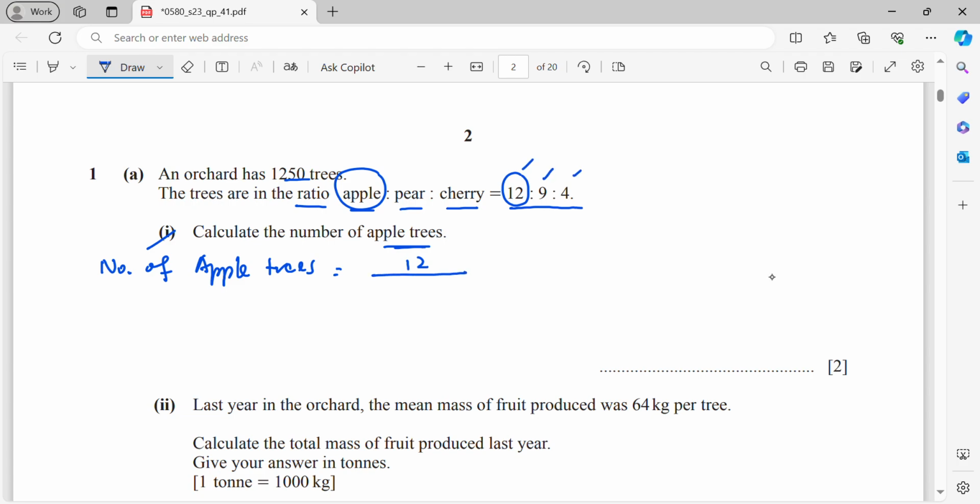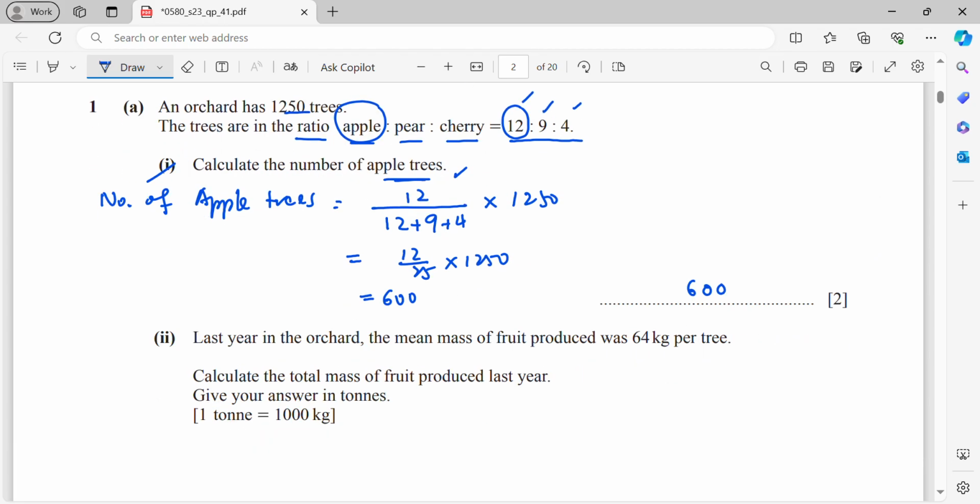So it will be the total of 12 plus 9 plus 4 portions, then multiply by 1,250. Then from here, you will be getting 12 over 25 times 1250. That is 600. So you will get 600 apple trees. So that's the first part of 1a.